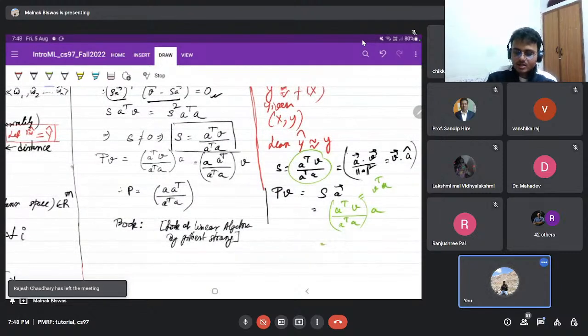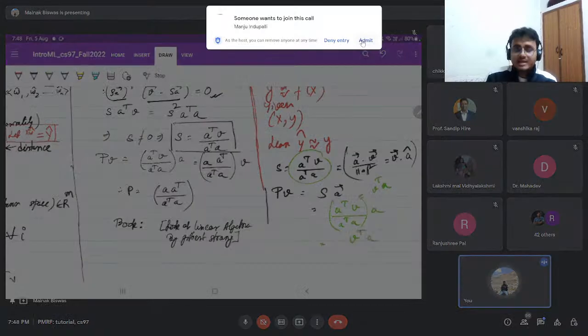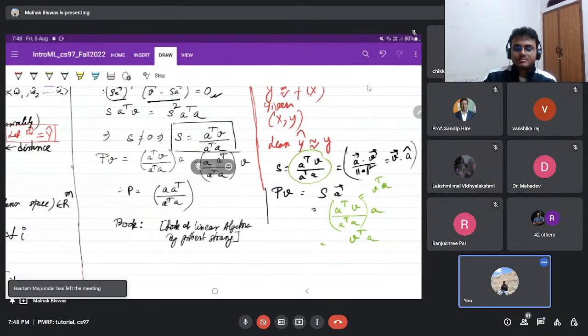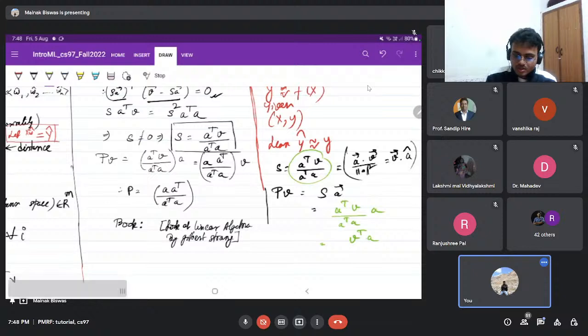So in this case, we want V to be outside. What can we do? We can take A from this region and put the value of V outside.